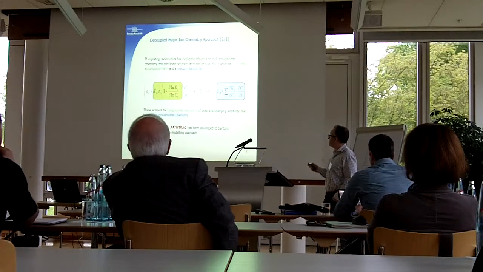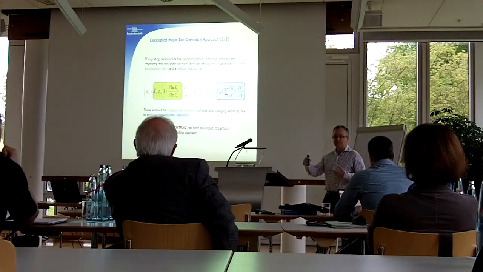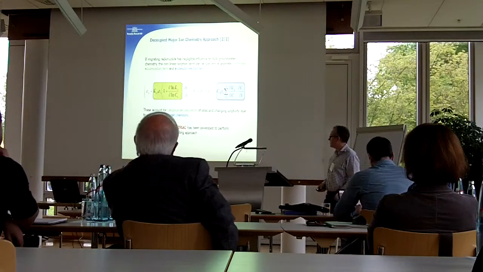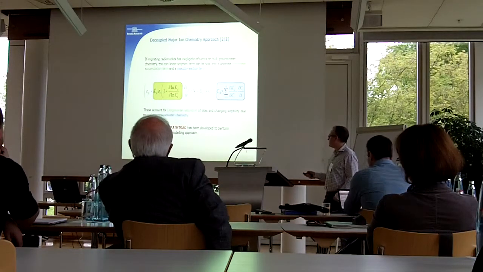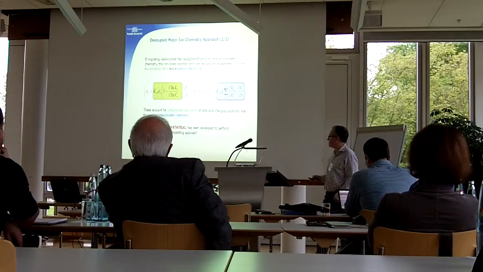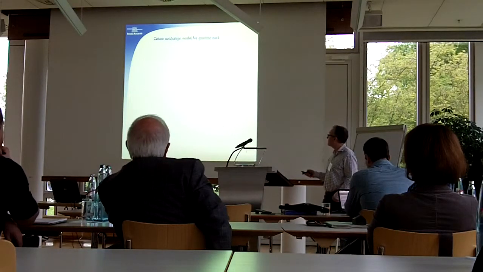And you can have a pseudo-reaction term, which explains the nonlinearity relating to evolving groundwater chemistry. So we developed a code called PathTrack, and that was developed to perform simulations based upon this simplification.